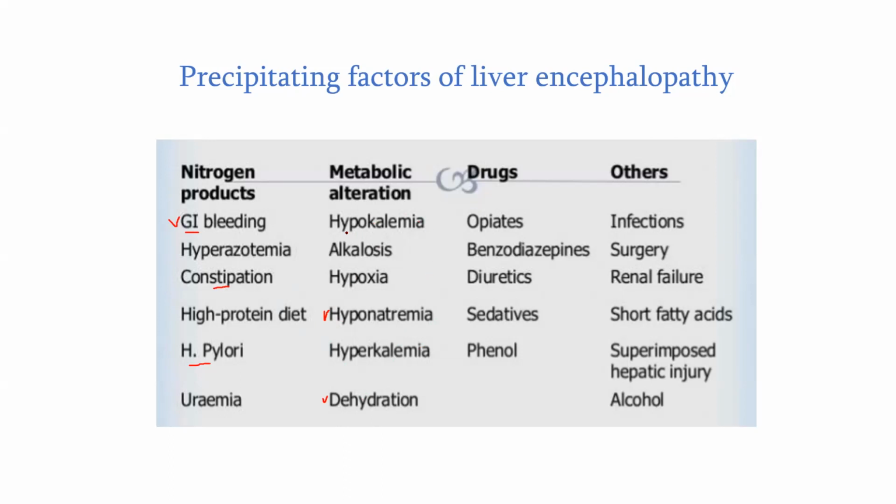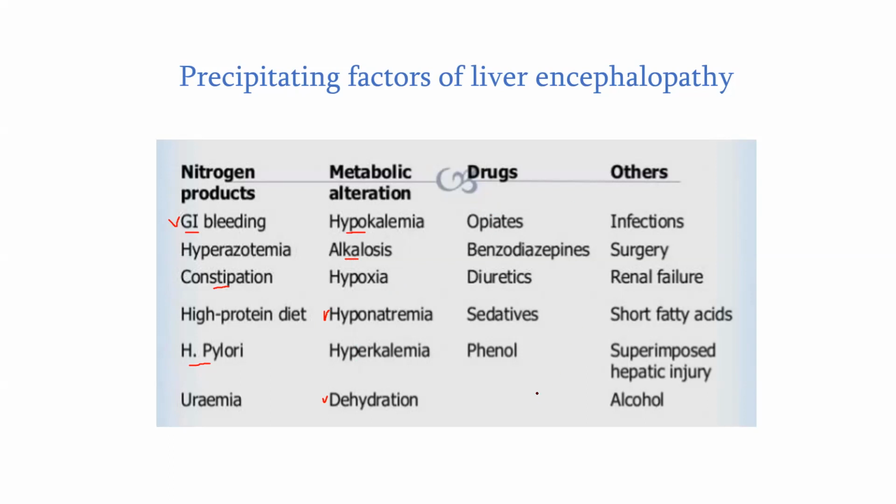For example, if we prescribe thiazide diuretics or furosemide to treat ascites, we may provoke hypokalemia. And in case of hypokalemia, alkalosis happens and more ammonia is present in the blood. Ammonium ions are converted to ammonia in an alkaline environment, and ammonia penetrates the brain easily.